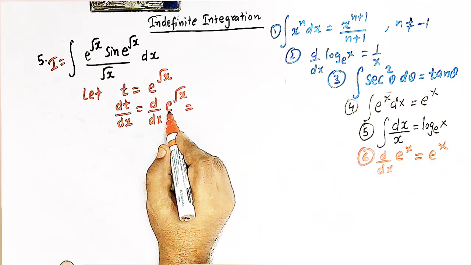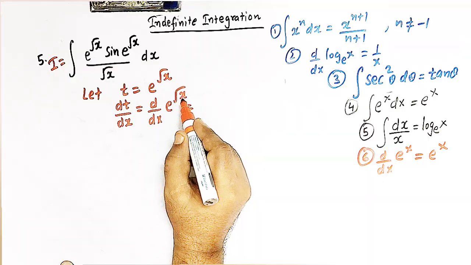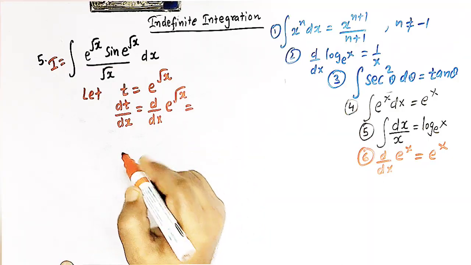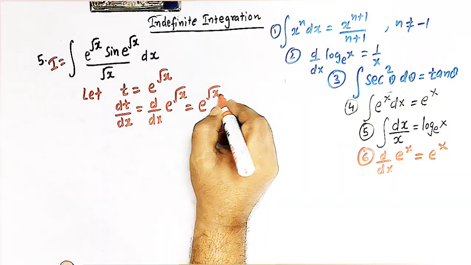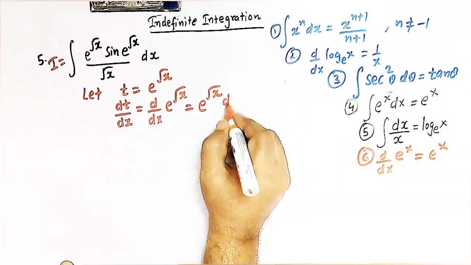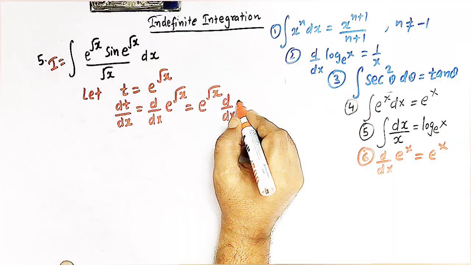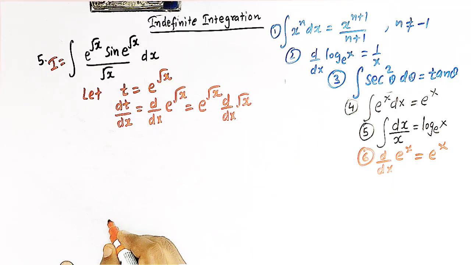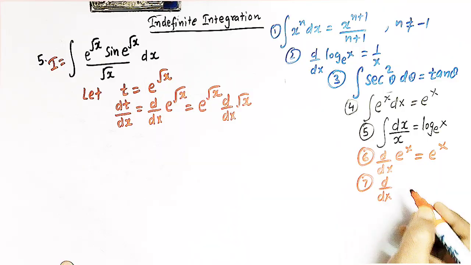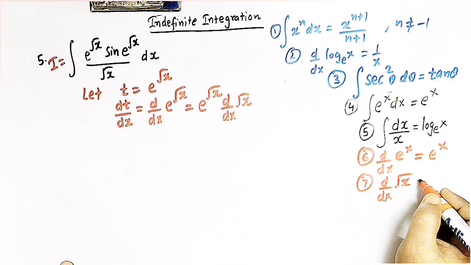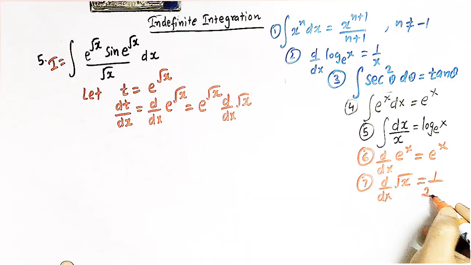The derivative of e raised to square root of x with respect to square root of x is e raised to square root of x, and then by chain rule we differentiate square root of x, and we know that the derivative of square root of x is 1 over 2 times square root of x.